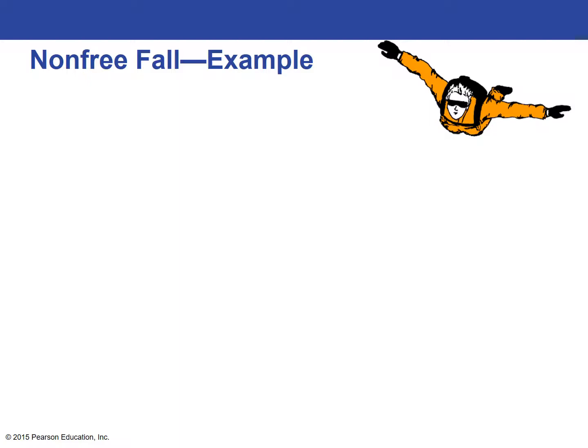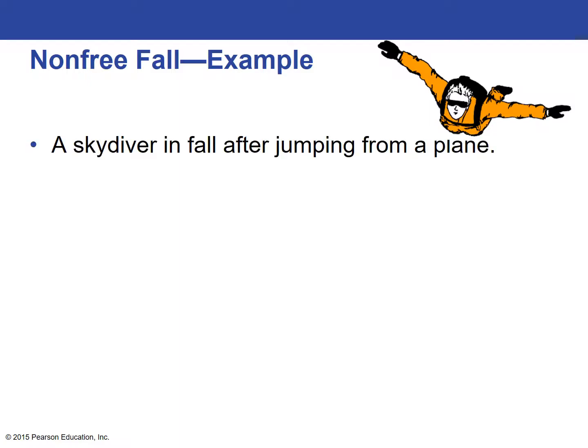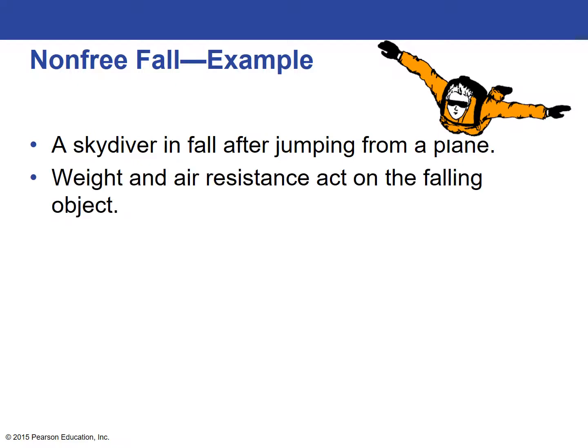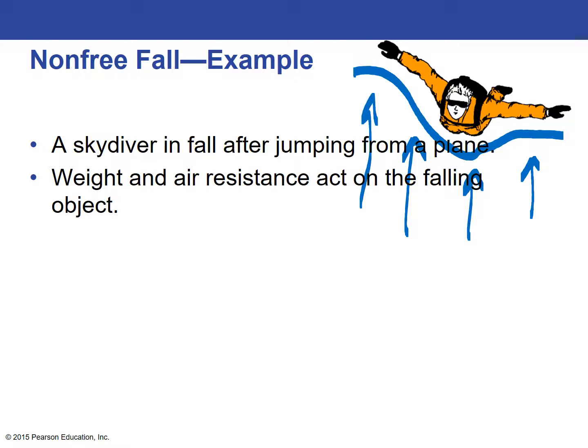And of course, we're talking about skydivers. When a skydiver jumps from a plane, he will accelerate due to gravity until such point as the air resistance pushing against his profile is equivalent to the force of gravity. And it isn't that he stops falling, but he stops accelerating.